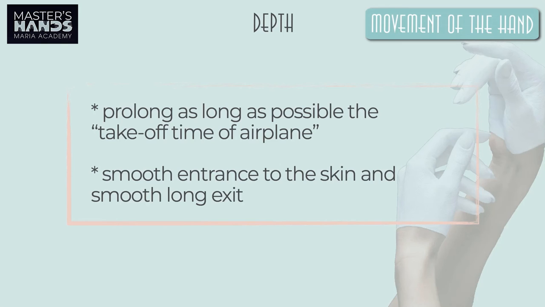Extend the moment the plane takes off for as long as possible, as this will ensure that you will get the thinnest tail at each line. Smooth immersion into the skin and the smooth long exit will simulate a disappearing tail, just like that of a real hair.